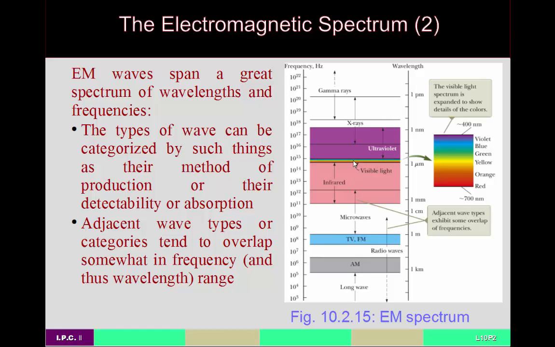The reason is that visible light is basically just defined as the spectrum of electromagnetic waves that we can actually see. So there's nothing special about visible light as far as how it's produced, but we give it its own category because it's the only thing of all this that we can look at with our eyes and actually see. So there is a reasonable boundary between infrared and visible, and between visible and ultraviolet.